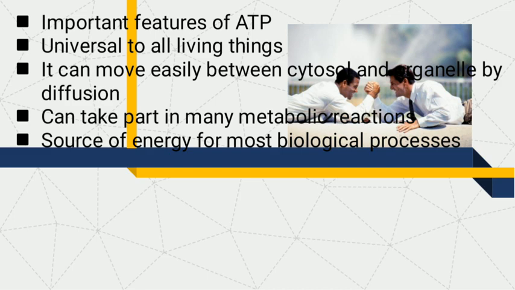Energy, and it can move easily between the cytosol and organelles by diffusion for utilization. And ATP takes part in very many reactions of metabolism. In other words, it can be used in so many reactions of the organism, and it is a source of energy for most metabolic what? Processes.